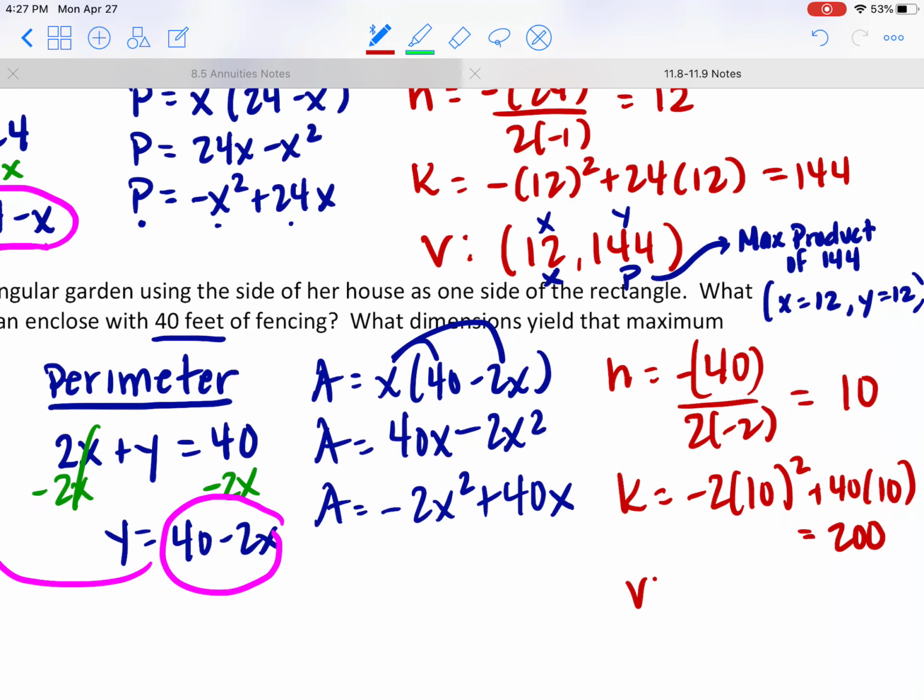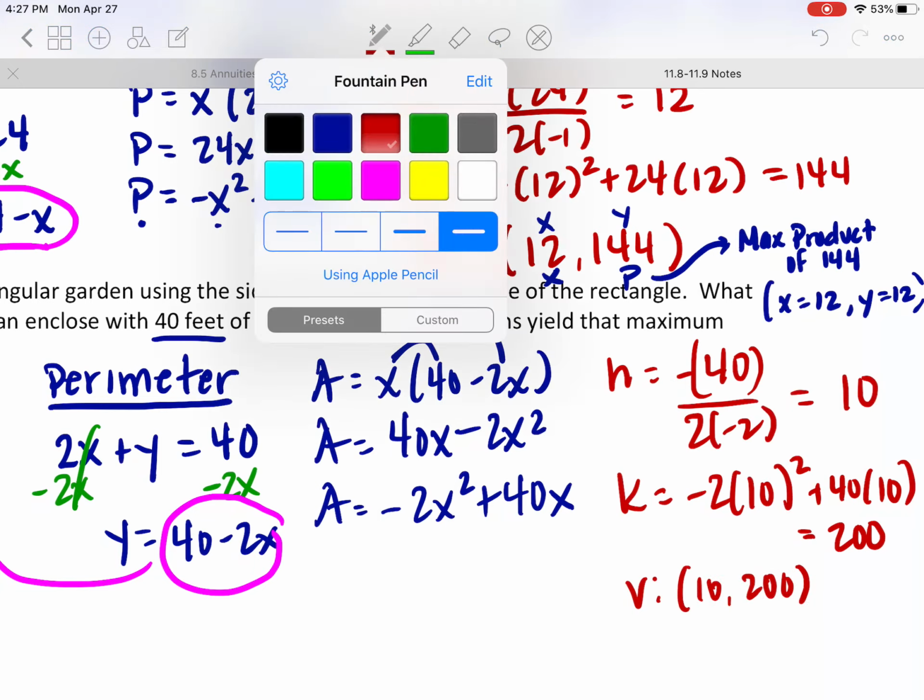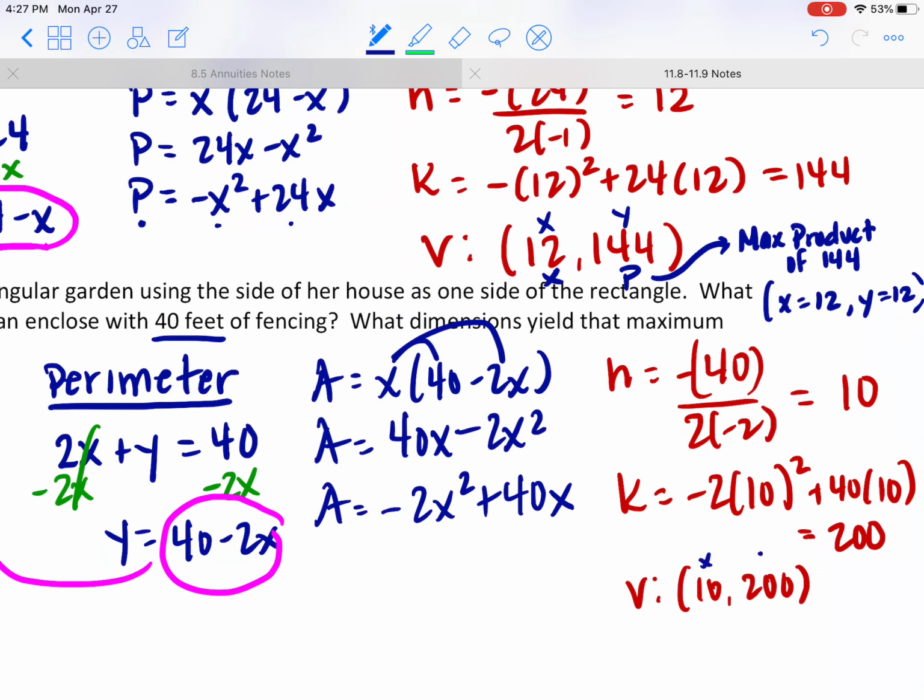Negative 2 times 10 squared plus 40 times 10 is 200. Okay, so we have a vertex at 10 and 200.